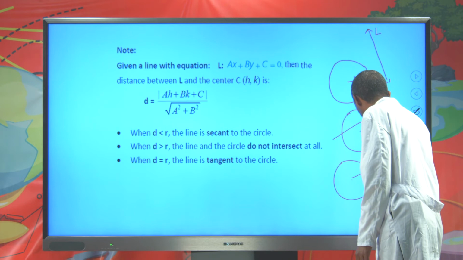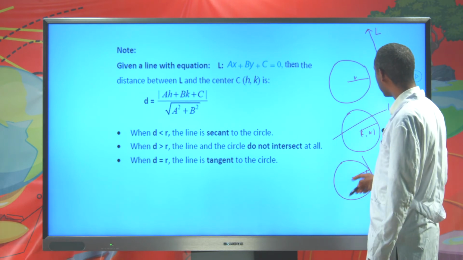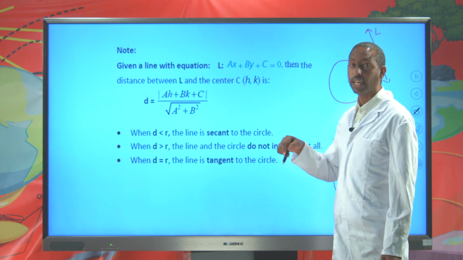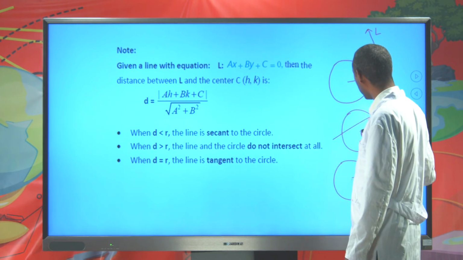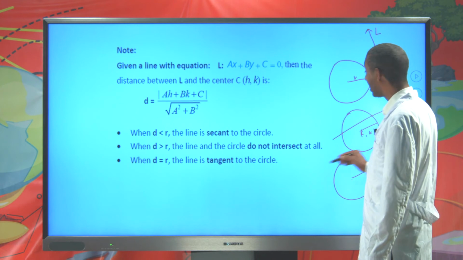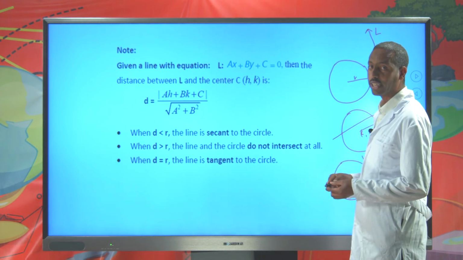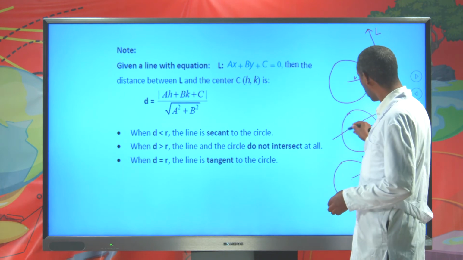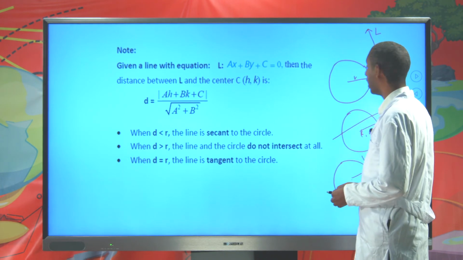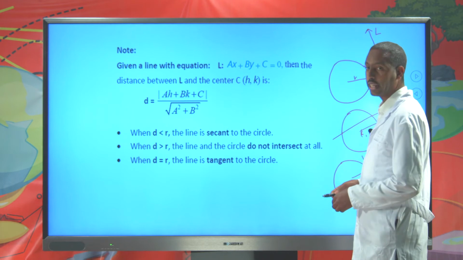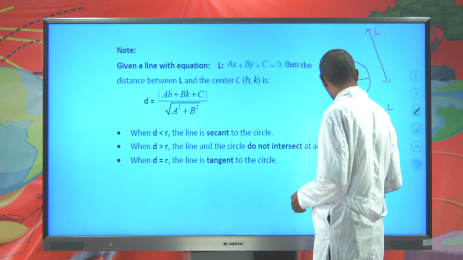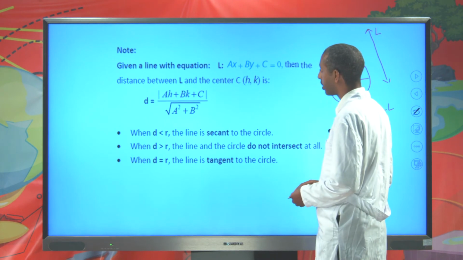The angle between the radius and the tangent line is 90 degrees, which means the radius and the tangent line are perpendicular. So if we know the gradient of the radius, we can easily find the slope of the tangent line. Good. So they intersect at right angle, which is 90 degrees.